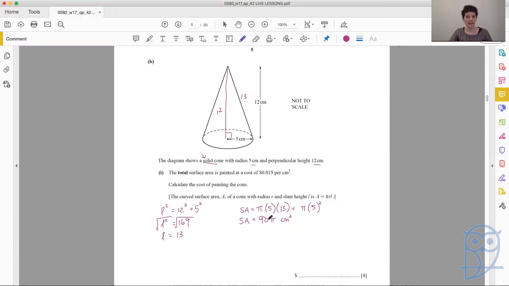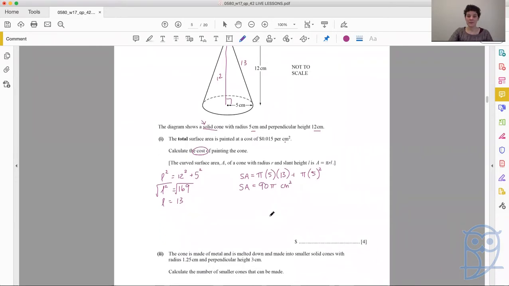I've left the pi in here for now because I'm going to be calculating more. So I want to have a nice accurate amount that I'm calculating with, because they didn't ask us for the surface area. They asked us for the cost. So we have $0.015 per centimeter squared, and now we have the number of centimeters squared.